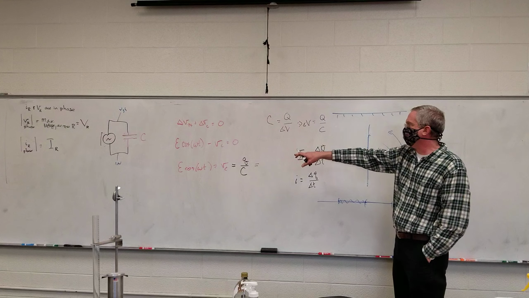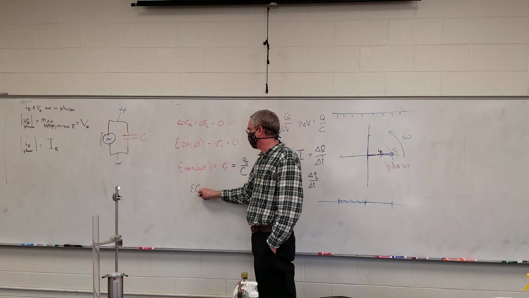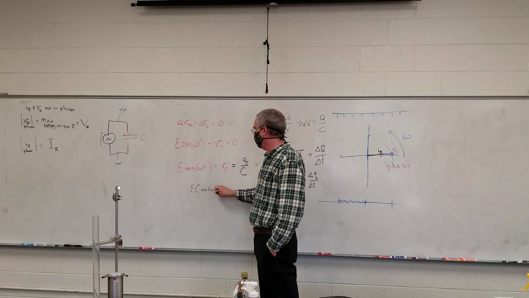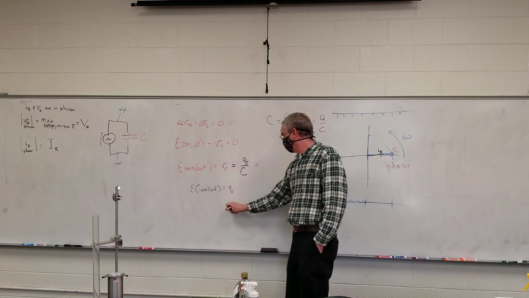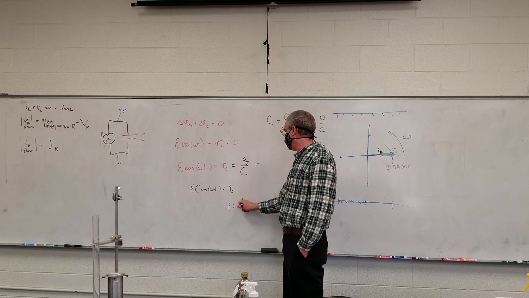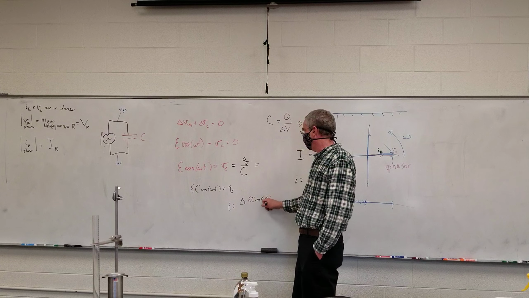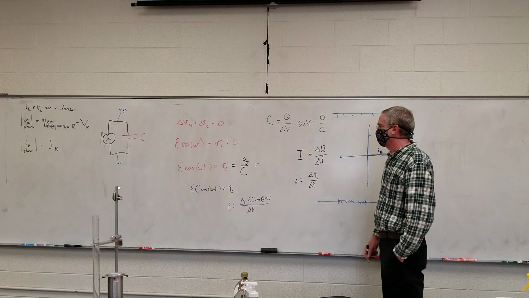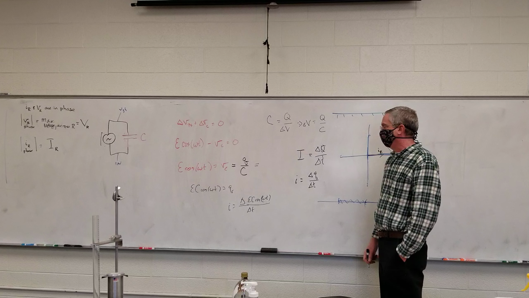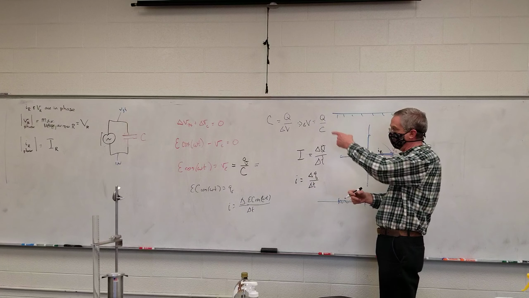So I have this Q here, so if I multiply both sides by C, I get epsilon C times the cosine of omega t is equal to Q. So my current would be the change in epsilon C cosine of omega t over change in time. Epsilon again is the EMF, that's my maximum voltage coming out of the power supply.